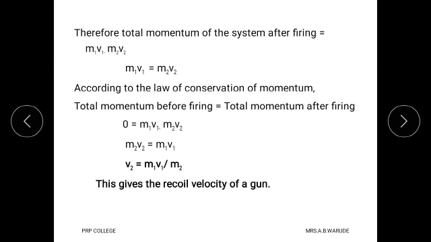We know that the total momentum before firing is 0 and the total momentum after firing is m1 v1 minus m2 v2. Then we take this minus m2 v2 to the left hand side, and we get m2 v2 is equal to m1 v1.